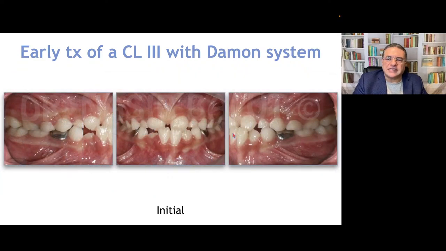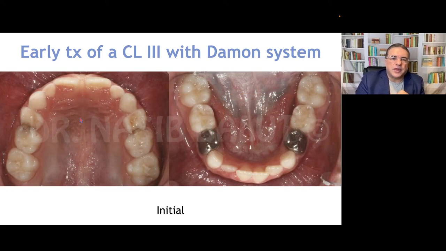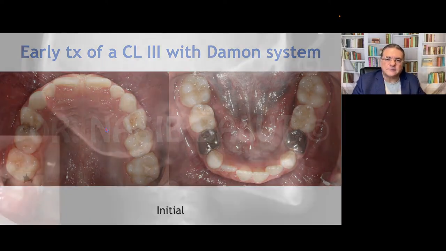And here we can see the crossbite, the class 3 tendency, the crowding, the frenum very low. This patient doesn't have a transversal discrepancy. He mainly has the class 3 tendency and some type of crowding.